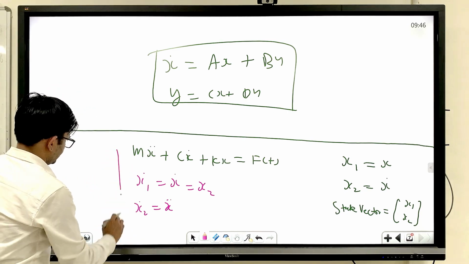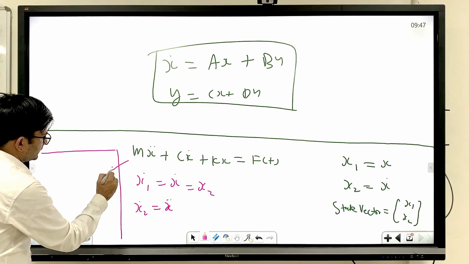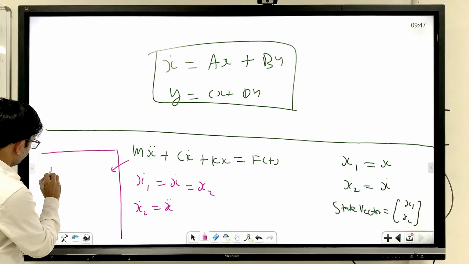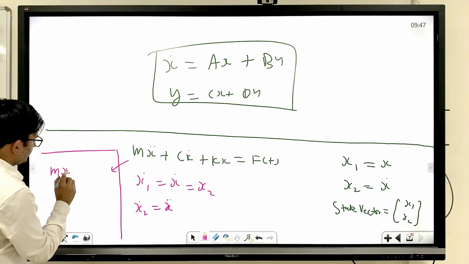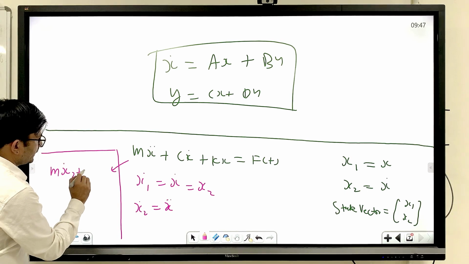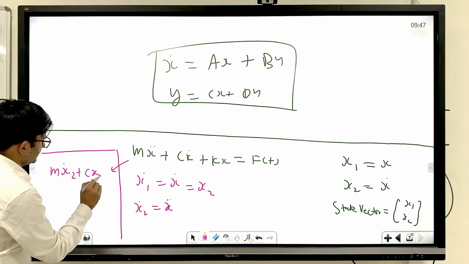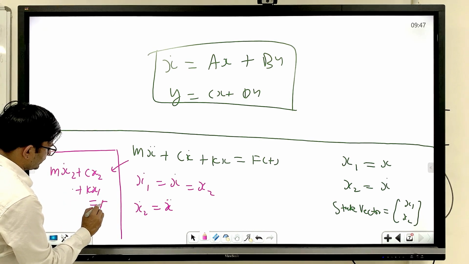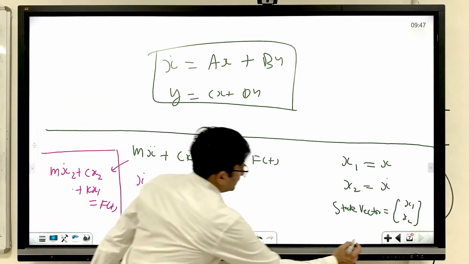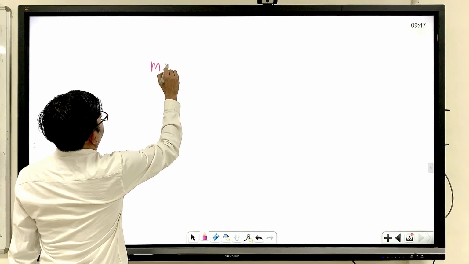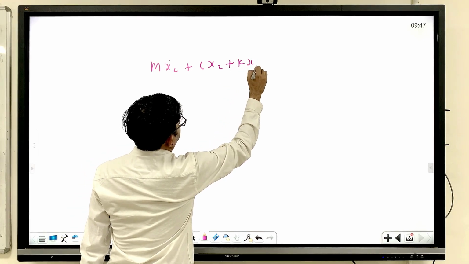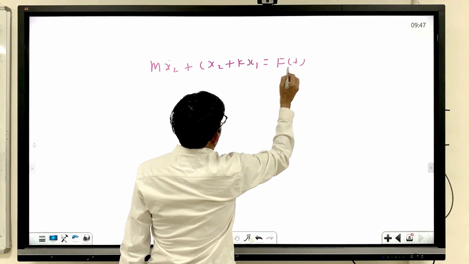So you can write m x2 dot plus c x2 plus k x1 equal to f of t.